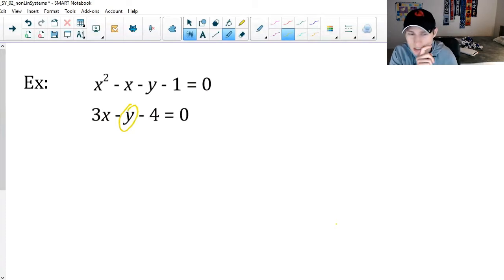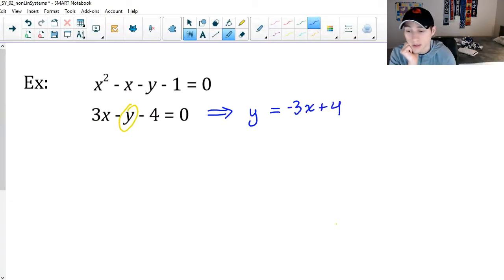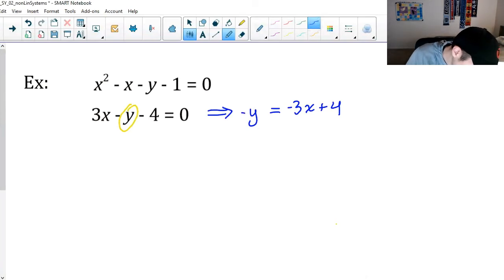In my second equation, I just have a single y variable, like a minus y. I'm going to go ahead and solve this for y. I'm just rearranging that equation. So that would be negative y equals negative 3x plus 4. So y equals 3x minus 4.